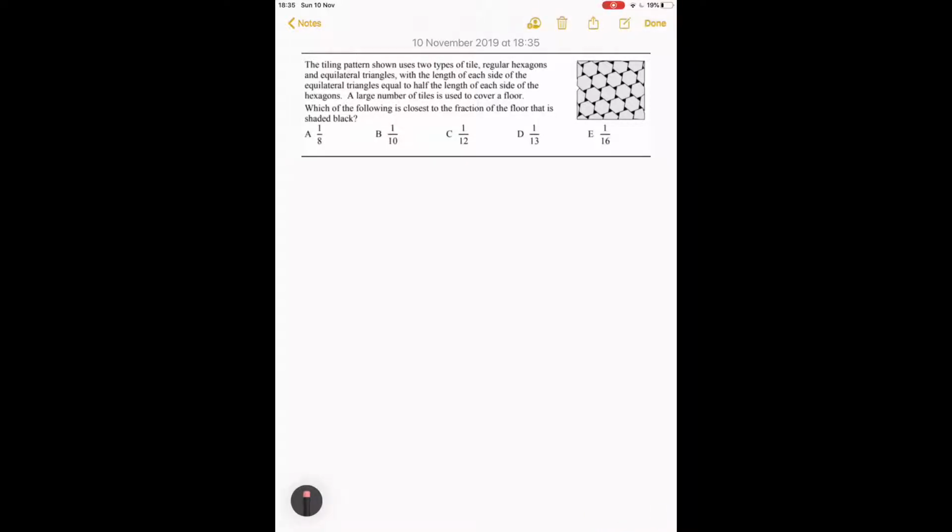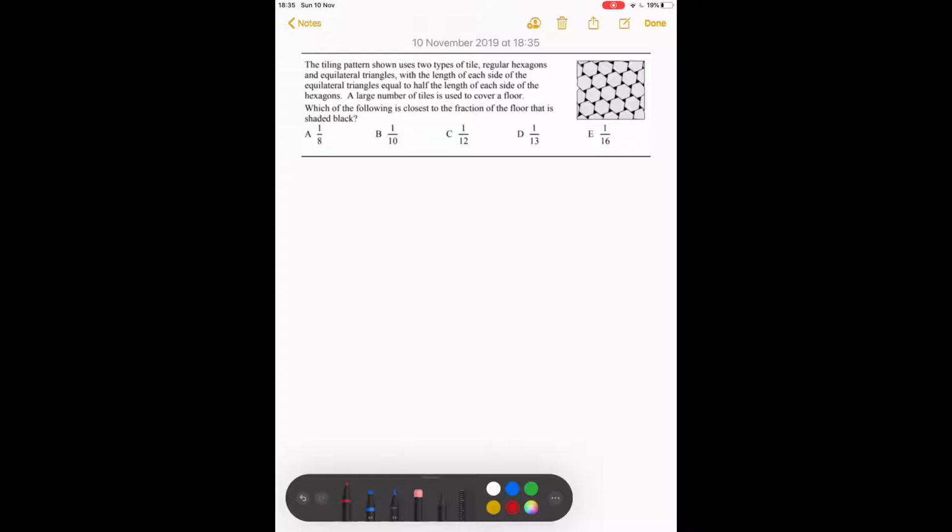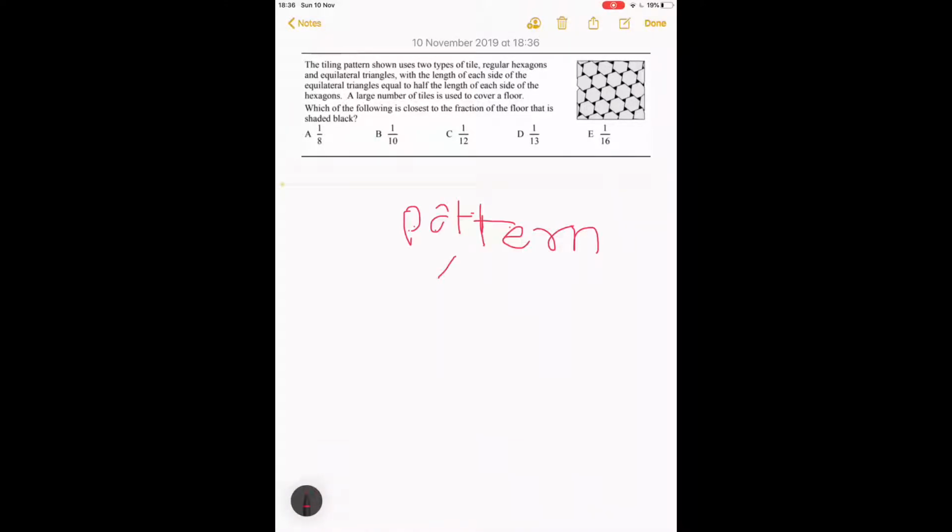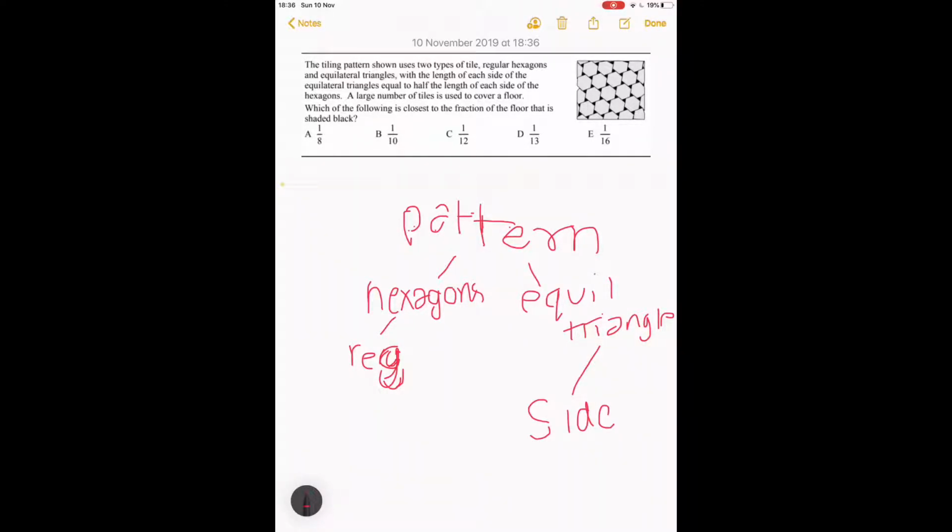So if we make a mind map for this, you have a pattern of hexagons and equilateral triangles. So these are regular too. So each side of the equilateral triangle is basically half of the side of the hexagon, and then a large number is used to cover the floor.